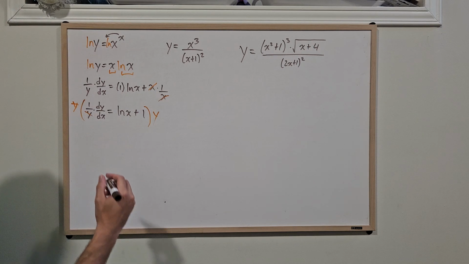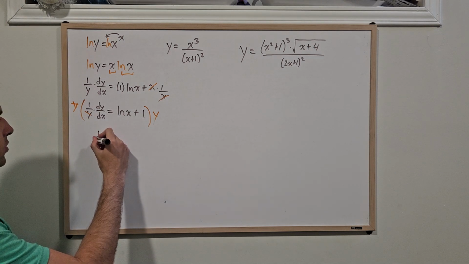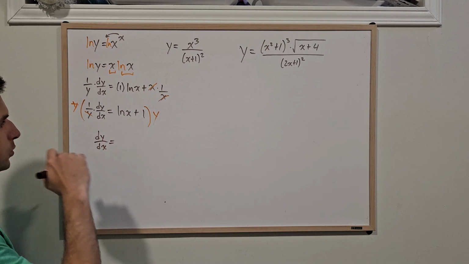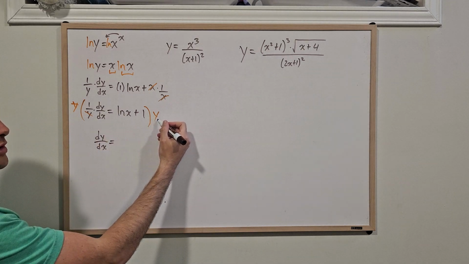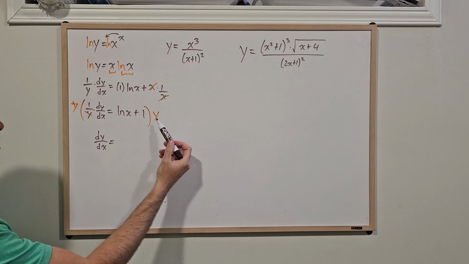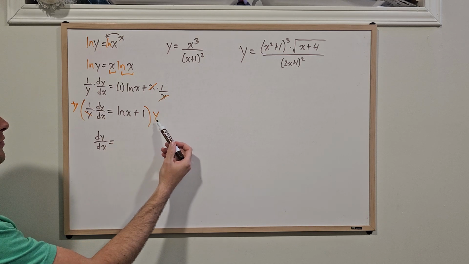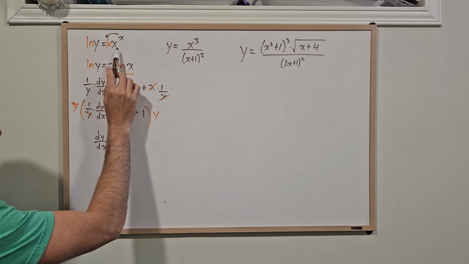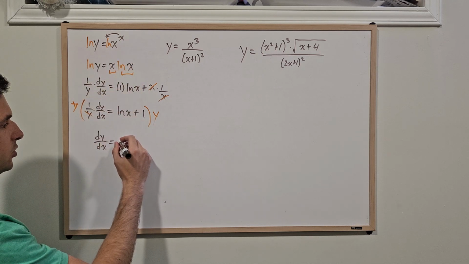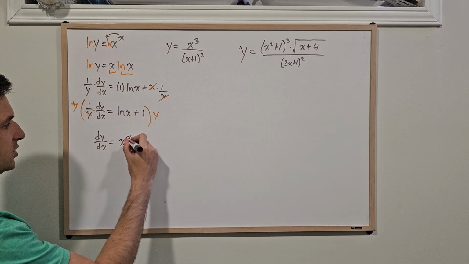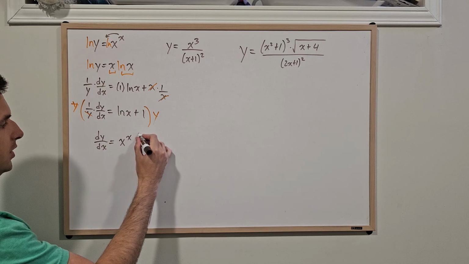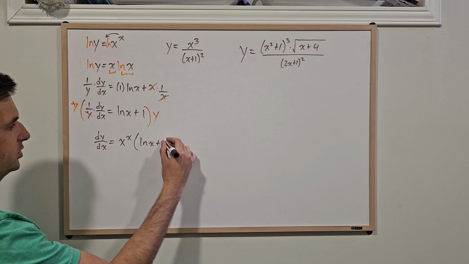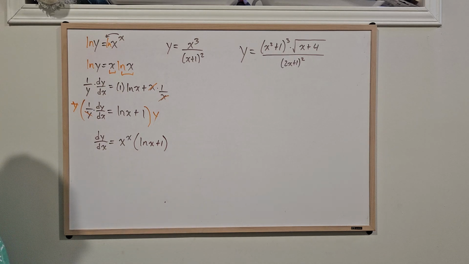So going down here to the next line, we have dy dx is equal to, now here instead of writing y, I'm going to write what my actual function was. So I'm going to plug in what y was up here, x to the power of x, at the front, and then inside my bracket I have natural log of x plus 1. That's your final answer there.